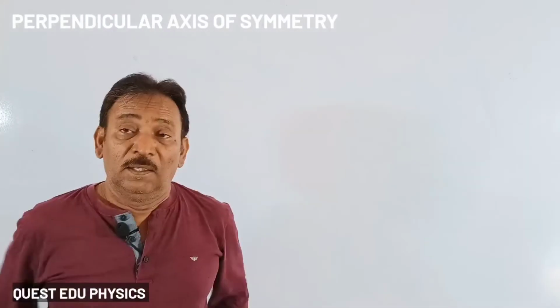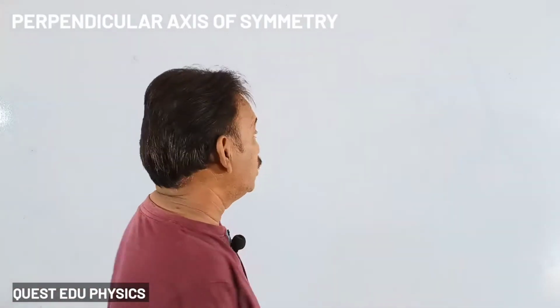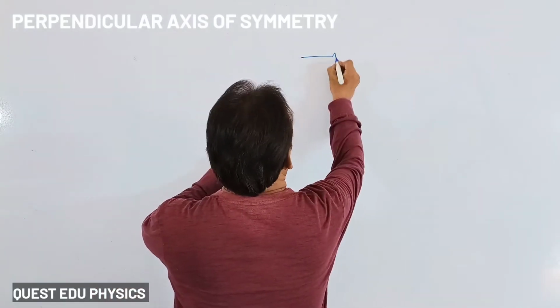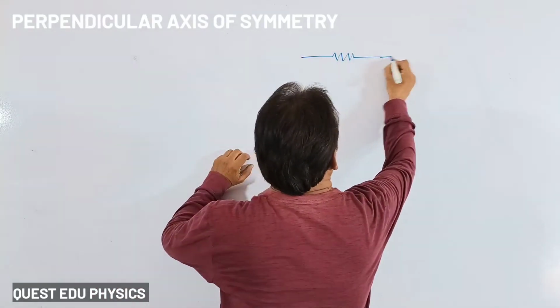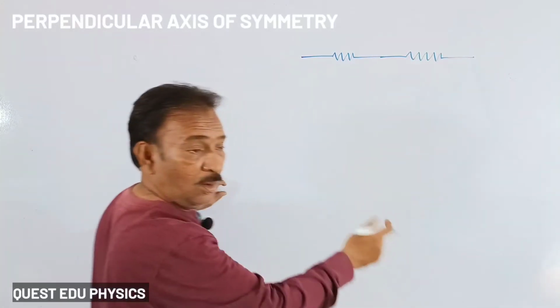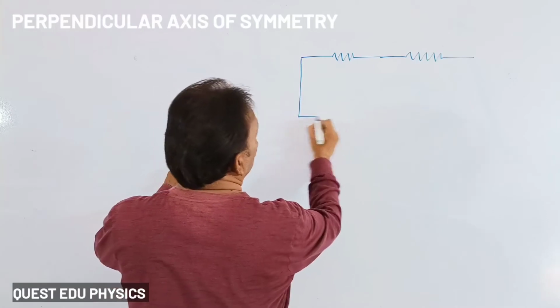I hope you understood. Let's do one more circuit, students. The circuit goes like this. Let's say it's one resistor, and we have one more here, and one more.